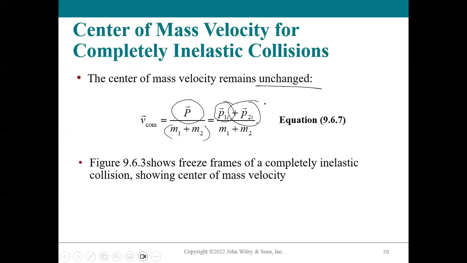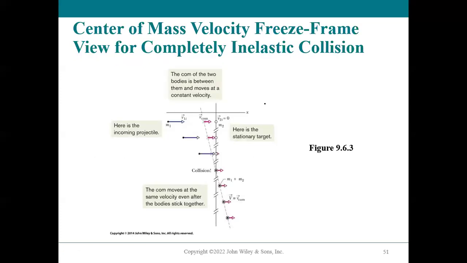Now the center of mass frame view of a completely inelastic collision: you can see this on the x-axis, particle 1 with velocity v1i, and then the collision. This becomes m1 plus m2 with the velocity of the center of mass. In this case, the center of mass of the two bodies is between them and moves at constant velocity. Here is the stationary target.